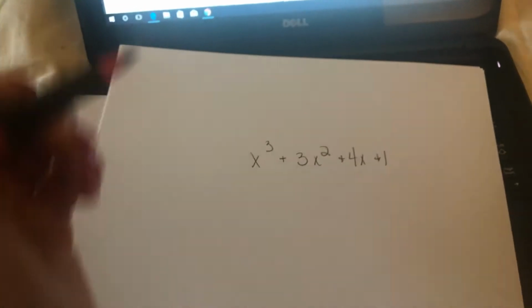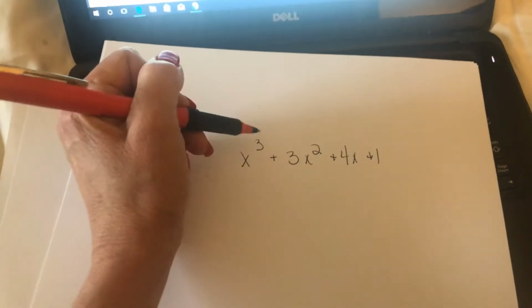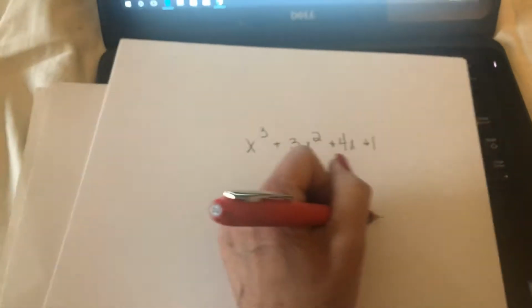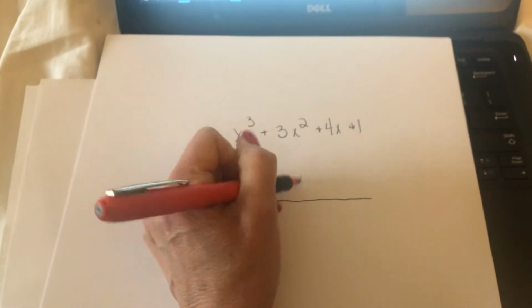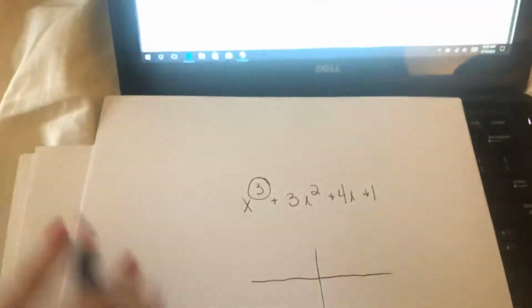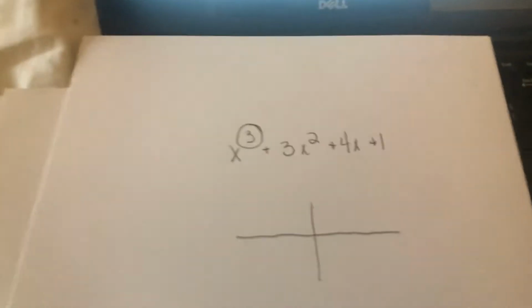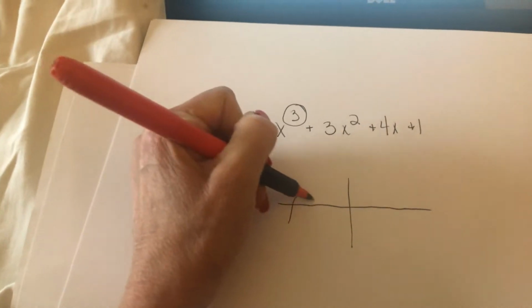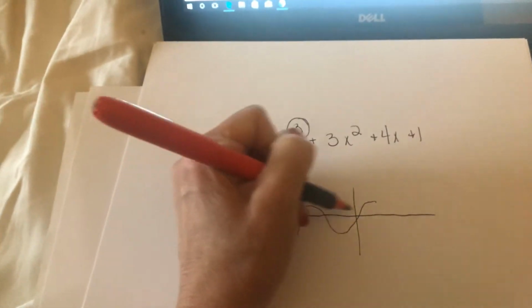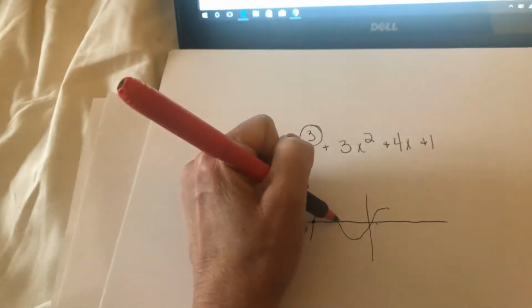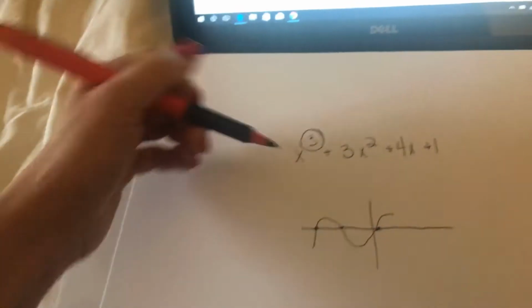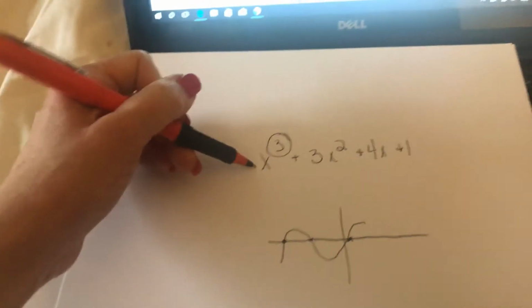Remember, we talked about the number of times that a polynomial can cross the x-axis, and we said that the highest exponent represents up to the number of times that it can cross. So here, 1, 2, 3. In other words, this graph could represent this polynomial.